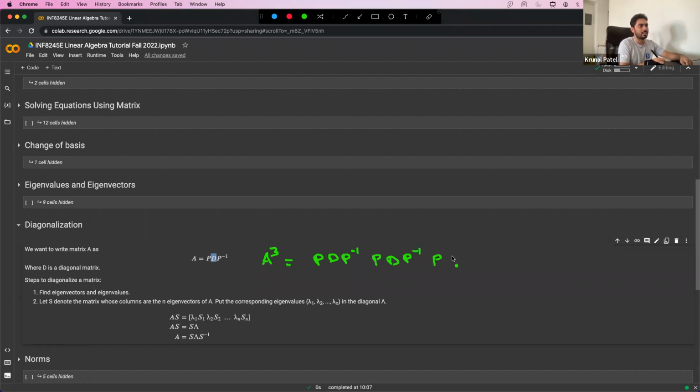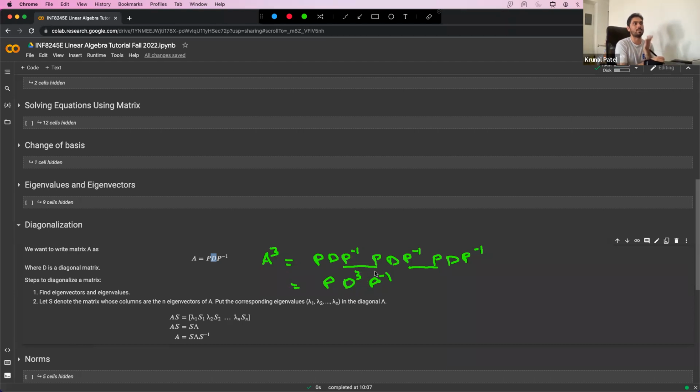And the third one is again P D P inverse, that's 3, right? And you see that all the intermediate parts are getting cancelled out. So all of this is equivalent to doing P, then taking the cube of this diagonal matrix, and doing the inverse transformation again. And it should be very easy to understand that taking higher powers of a diagonal matrix is so much easier, right?